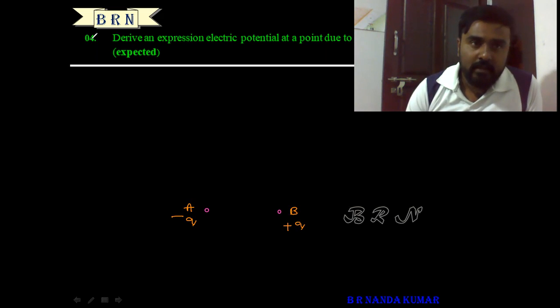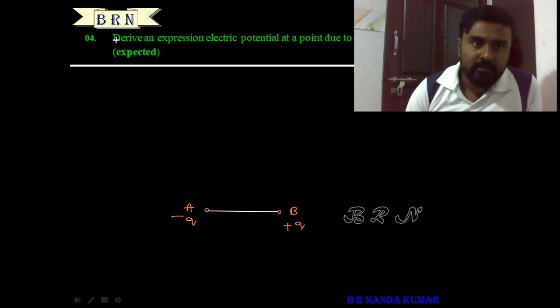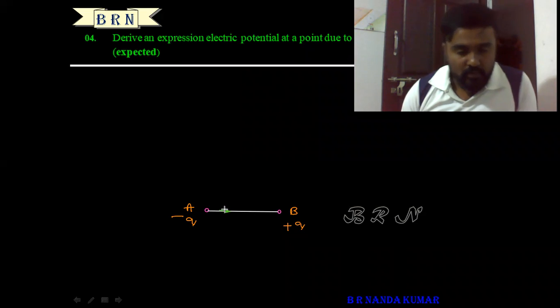A is the location of minus Q. B is the location of plus Q. The line joining the two charges is called the dipole axis. It is directed from negative charge to positive charge.